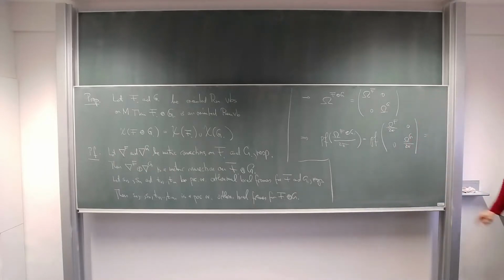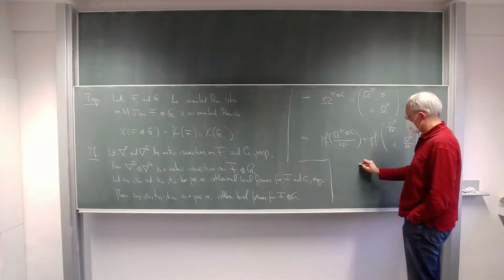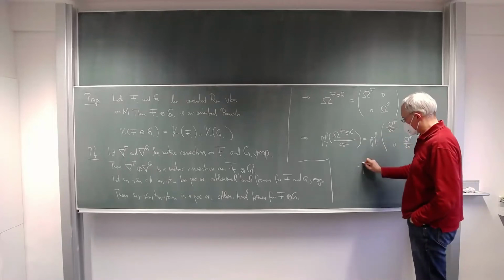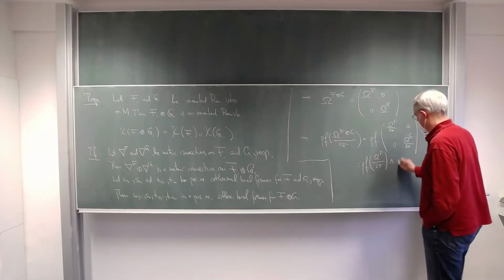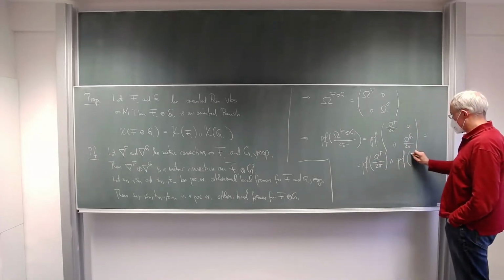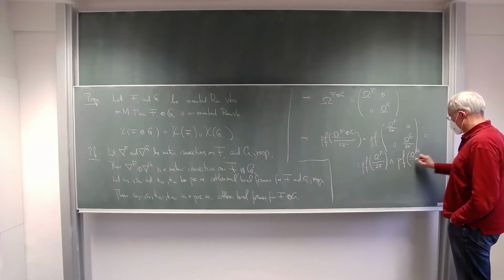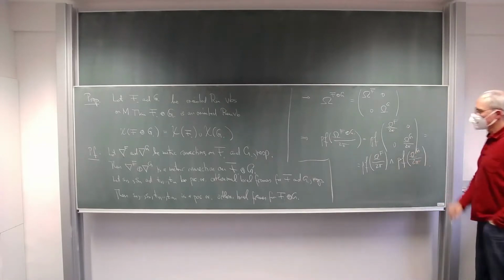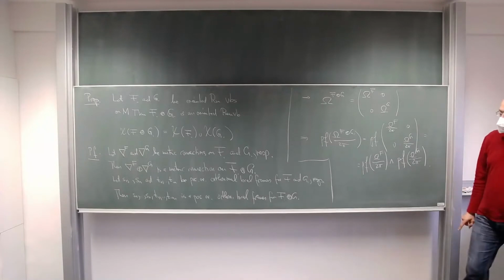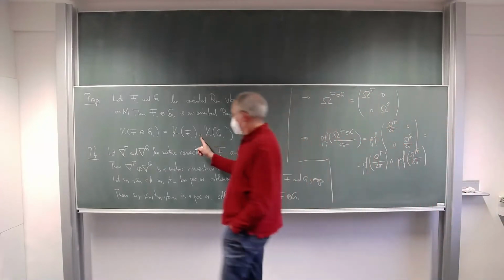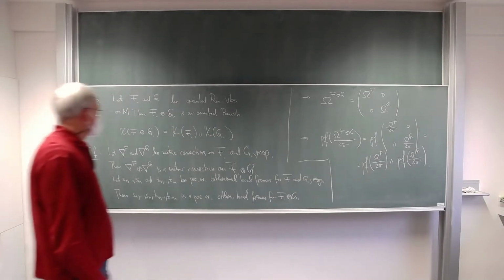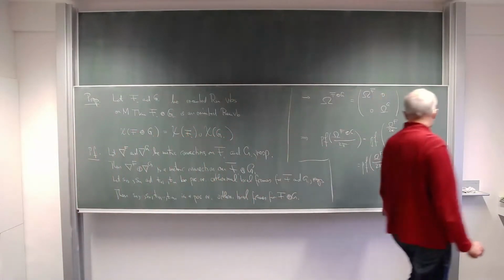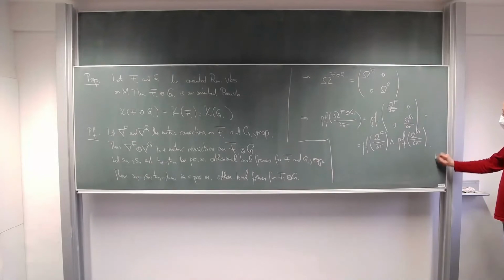And for the Pfaffian of block matrices, we know what we get, namely the product of the individual Pfaffians. And so this represents the product of the two differential forms of the two different characteristic classes. So that's the proof.